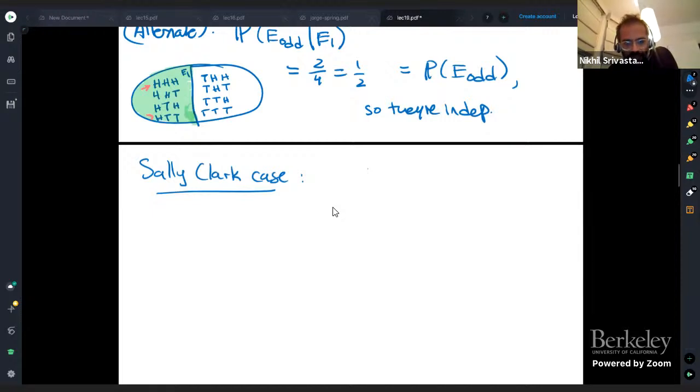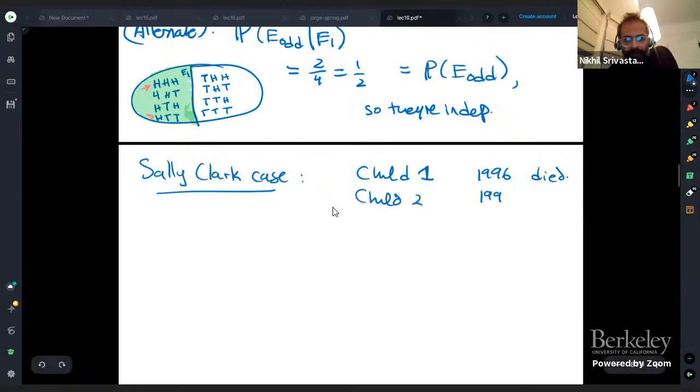Child 1 was born in 1996 and died a few weeks after being born. And then child 2 was born in 1997 and also died, which is a terrible tragedy. These children died of SIDS, sudden infant death syndrome.